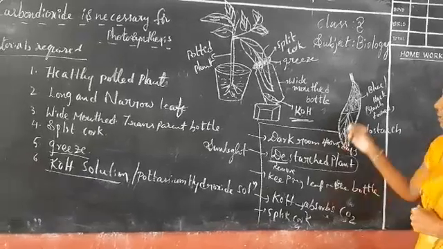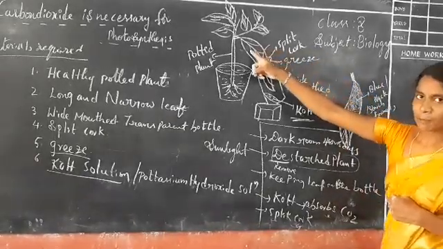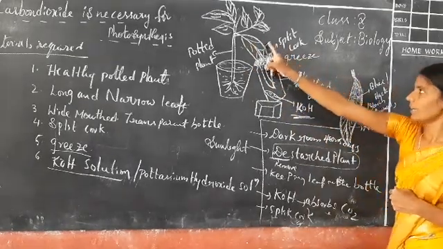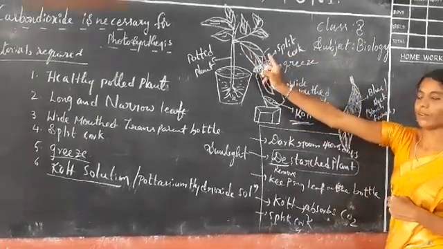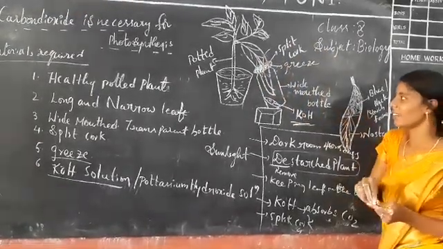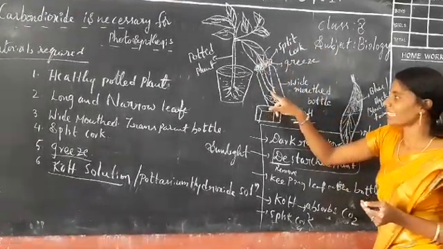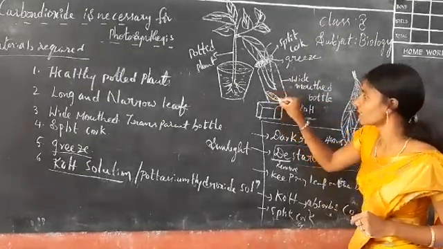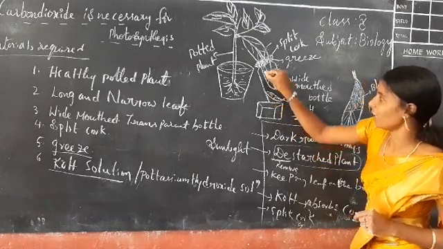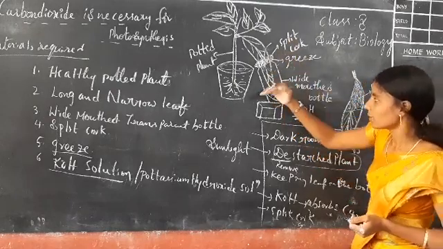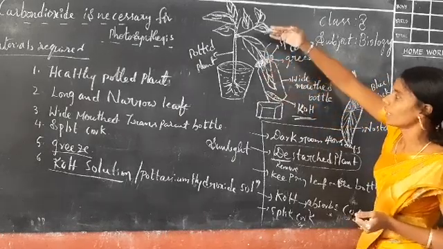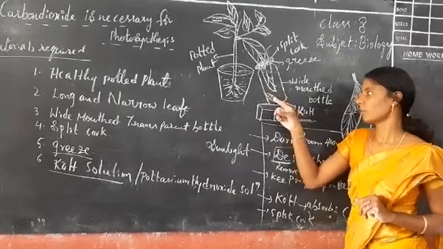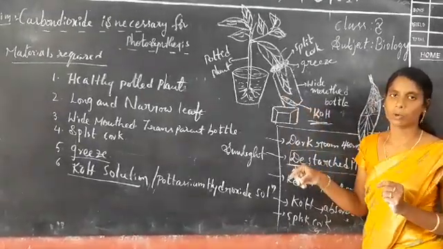Clear, all of you? Here one should ensure that the KOH solution does not touch the leaf. That's the main thing we observe. That's why we keep the leaf above the KOH in the transparent bottle. If it touches the KOH solution, it is also not properly done.